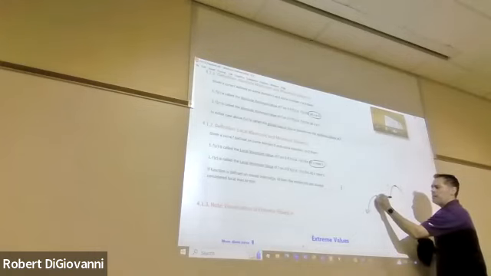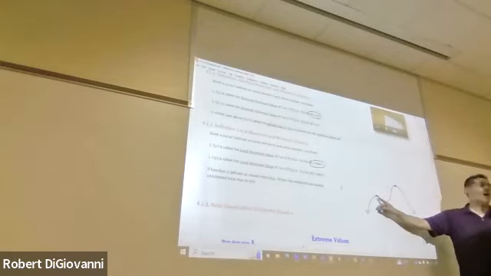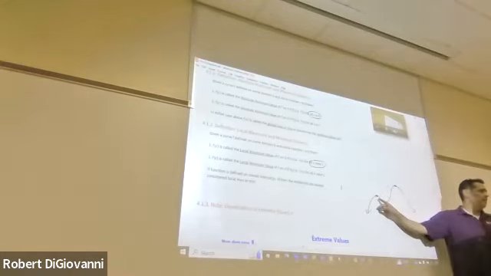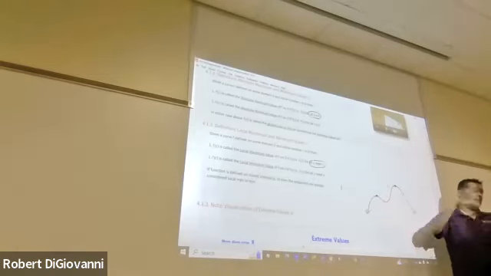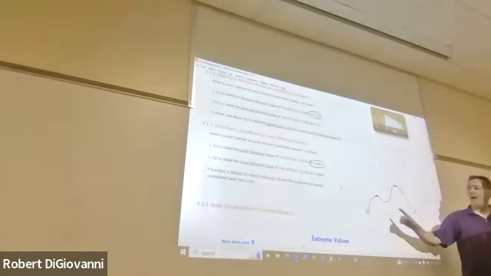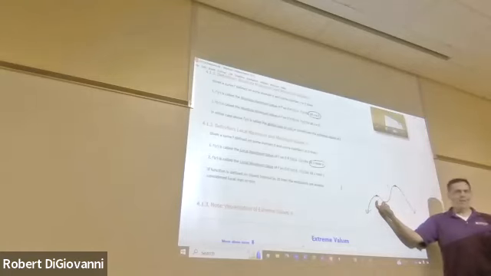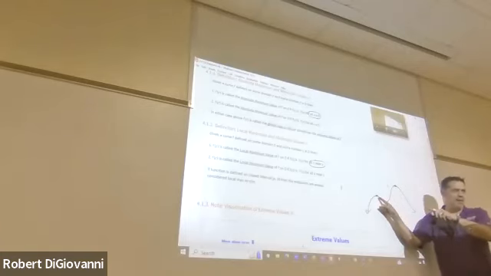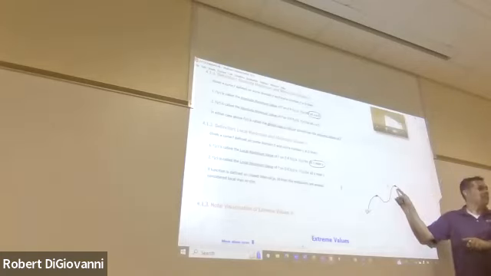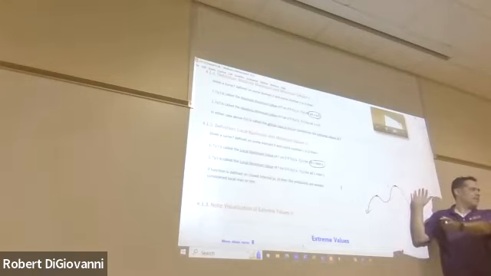But this point right here is called a local max. Because even though it's not the highest point on the entire graph, it's the highest point near that point. So it's like king of the hill, that hill, just that hill though. This one's king of this hill, but this one is also the king of all hills. Does that make sense?